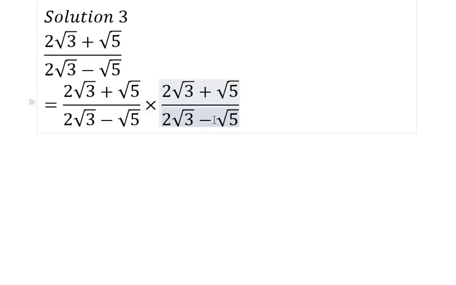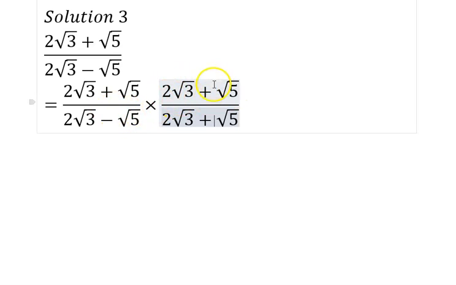We want to rationalize, because the question is 2 root 3 plus root 5 over 2 root 3 minus root 5. So what we are now going to do is to rationalize with what we have at the denominator here. You have to take note.